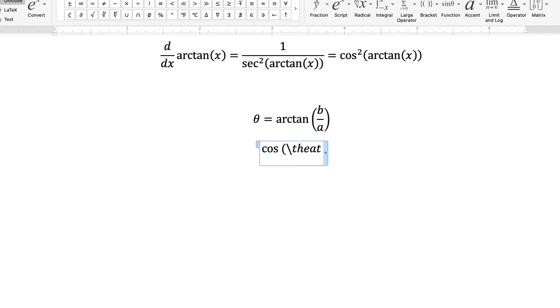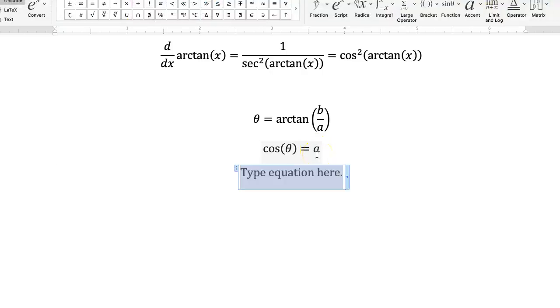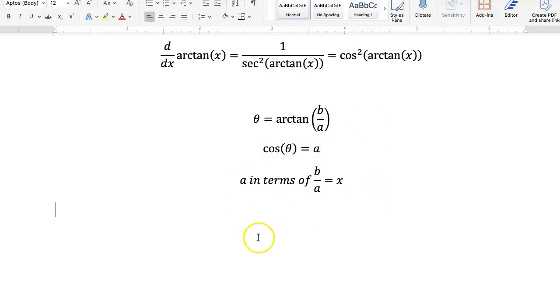All right. So how do we get an expression for A in terms of B over A? Right? Because B over A is what we know. B over A is X. How do we get there?